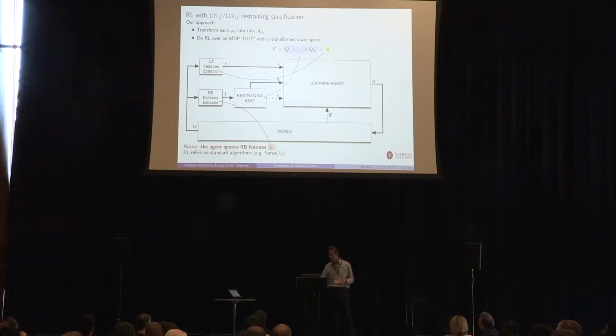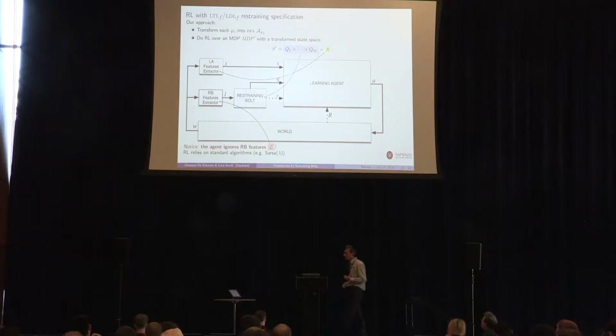And so that's it. What we do is that we took some agents that were able to play Breakout or Sapientino in the normal case, and we added just this variable. With this additional information, the agent now receives an encoding of the state of the LTL formula of the restraining bolt, and some additional rewards.